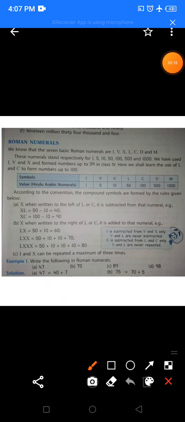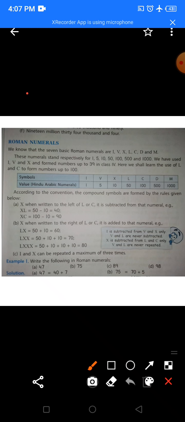Now, what are these rules? There are 3 rules. You will always remember there are 3 rules while forming a Roman numeral. Now listen, what is the first rule? 10 when written to the left of 50 or 100 is subtracted from the numeral.